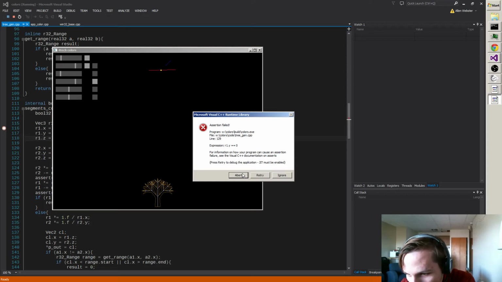What is this? Oh, so that is asserting now. Interesting. I wonder if it wasn't asserting because I wasn't building in debug last time. That would make sense.